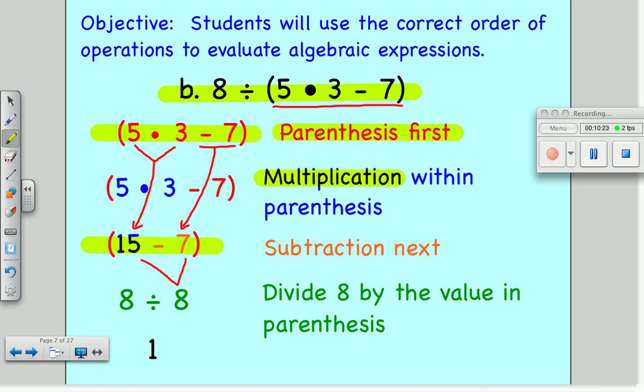So 15 minus 7 was my subtraction. Now I'm going to divide by 8. That's my last thing. Where did I get this 8 from? It came from right here. And 8 divided by 8 is what?